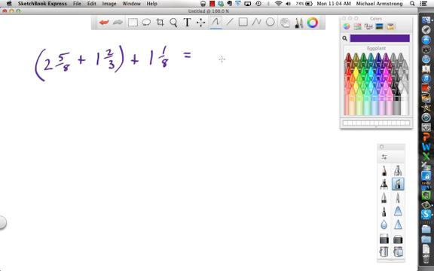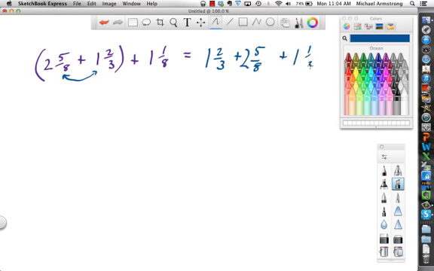We might want to get them together. So we could use the commutative property to just change the order of these two. So we've got, put this 1 2/3 first, and that's this one. And then we'll add 2 5/8. We're changing the order on these two.